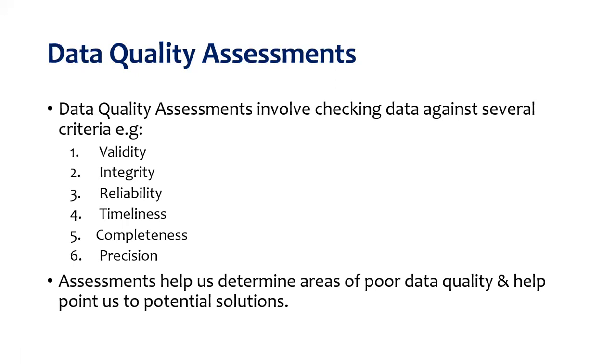Reliability is another dimension of quality, which is about consistency. If you have collected particular data, say you collected the weight from a particular sample in a population, and then calculated the average.